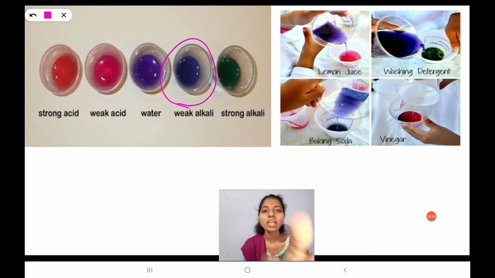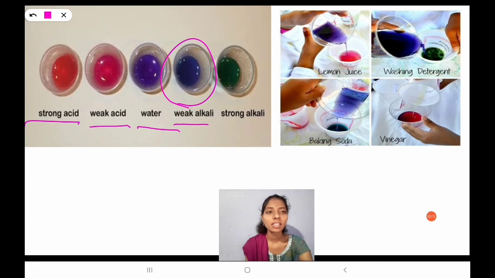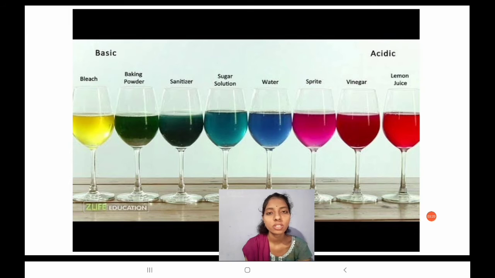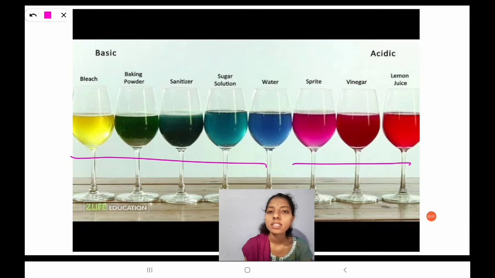You can observe here strong acid, weak acid, water, weak alkali and strong alkali. So, we can easily identify the acidic and basic nature of the solutions. In this also you can observe the basic and acidic solutions. The left side part is the basic solutions and the right side part is the acidic solutions, right?